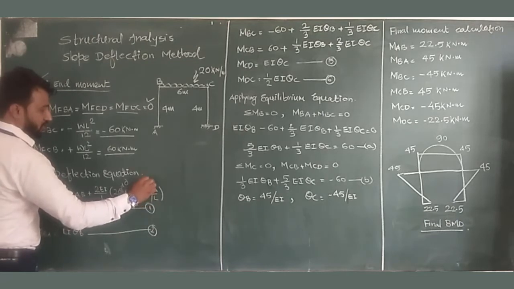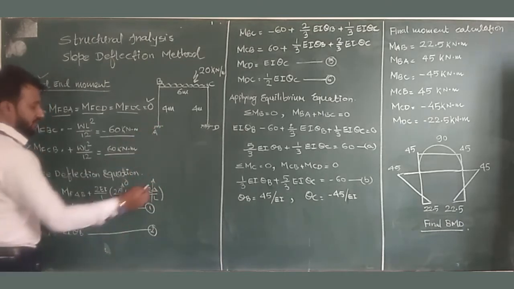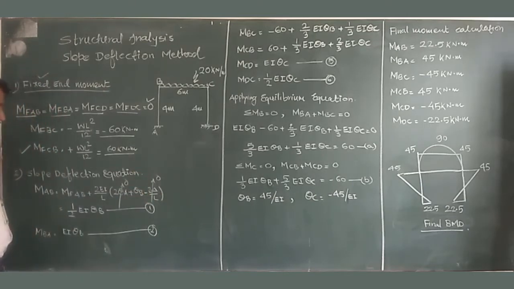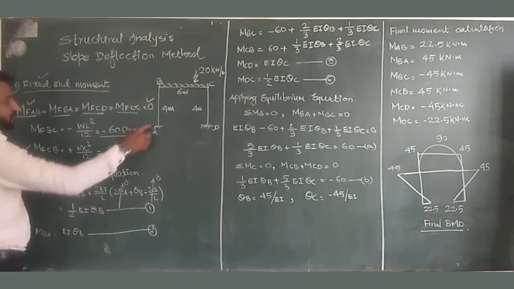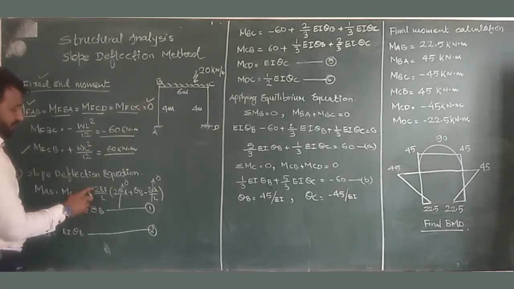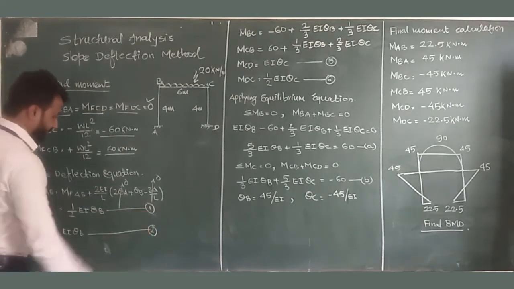There is no sway because this frame is non-sway, so the 3 delta by L value will be 0. Fixed end moment AB is also 0, so only theta B will be there. With L as 4 meters, 2EI by L is 1 by 2 EI, so MAB is equal to 1 by 2 EI theta B. This is equation number 1.